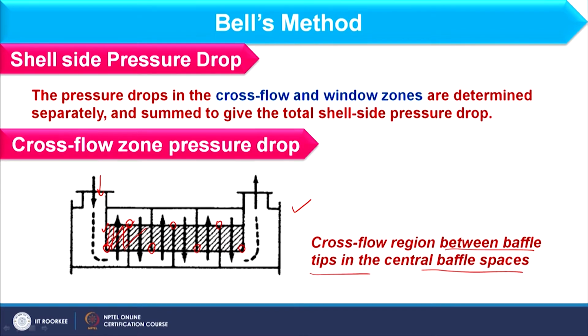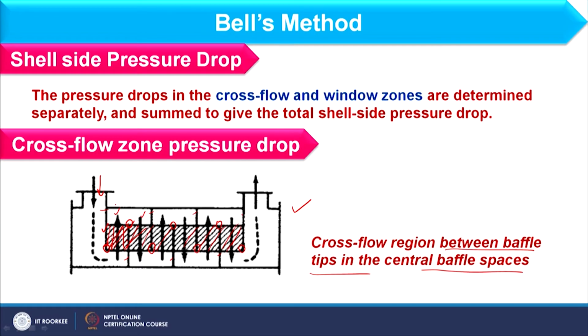So, whatever flow area falls between two baffle tips, that we consider as cross flow zone. Now, if I ask you how many cross flow zones there will be, here we have this cross flow, this, so 1, 2, 3, 4, 5, 6. So, a total of 6 cross flow zones are there. If I count the number of baffles, these are 1, 2, 3, 4, 5, 6, 7.